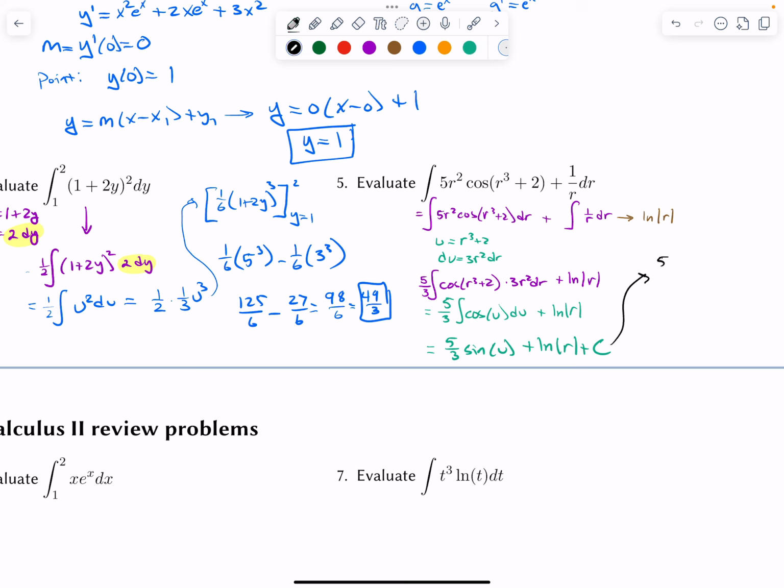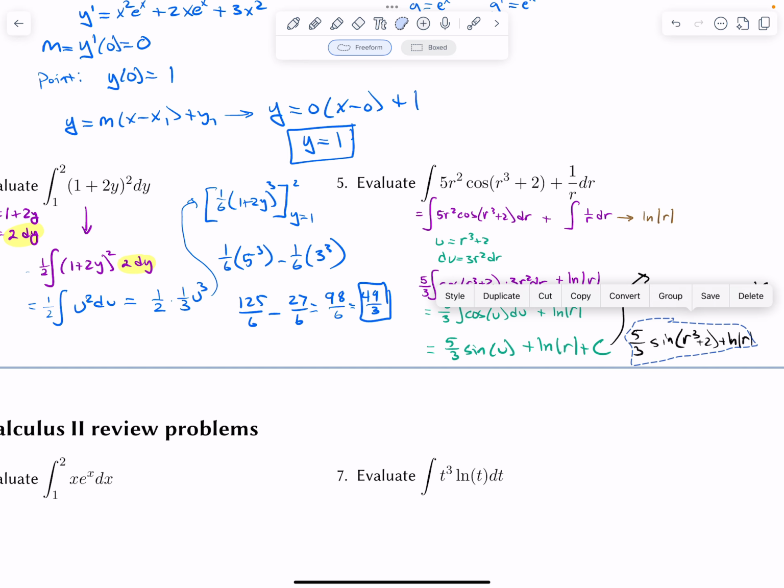And then finally, 5/3 sine of (r cubed plus 2) plus ln of r plus c. I don't like that. Let me move it. There. That looks a little better.